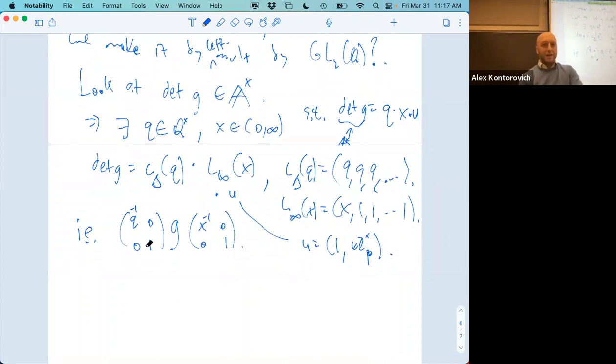Okay, so if I take this Q inverse times G times X inverse, let's call this G1, i.e. let G1 be this, then what's the determinant of G1? The determinant of G, well, the adelic, so these all have norm 1.